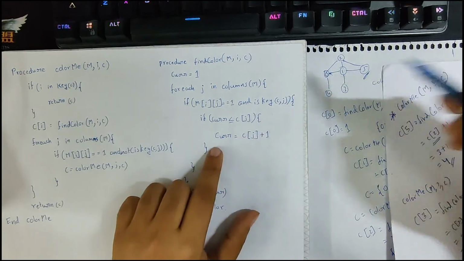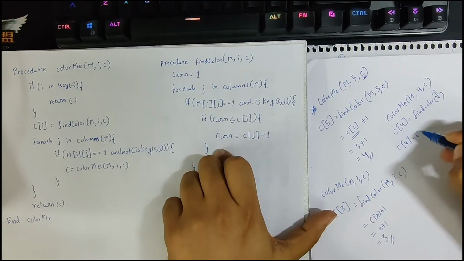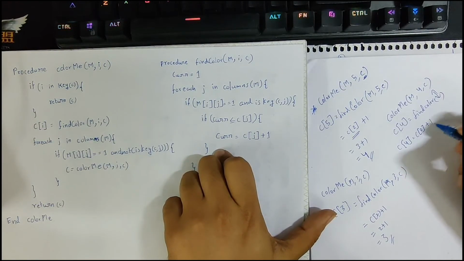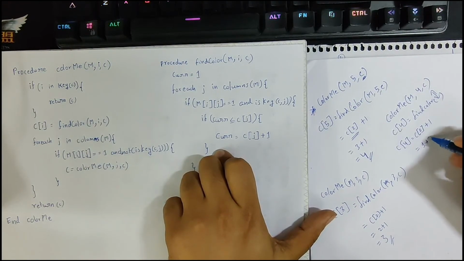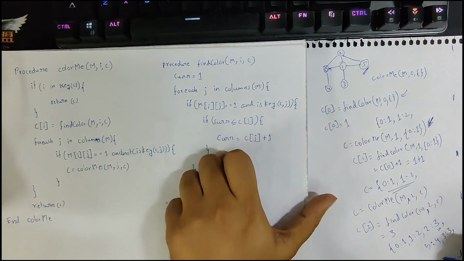So current value will be 4 equal to C of 0 plus 1, which is 1 plus 1, 2. So our final element will be 4, 2.